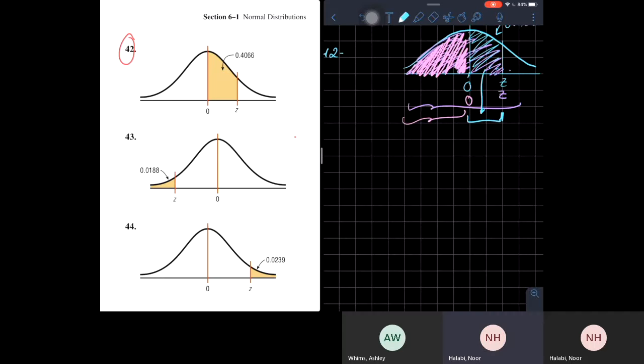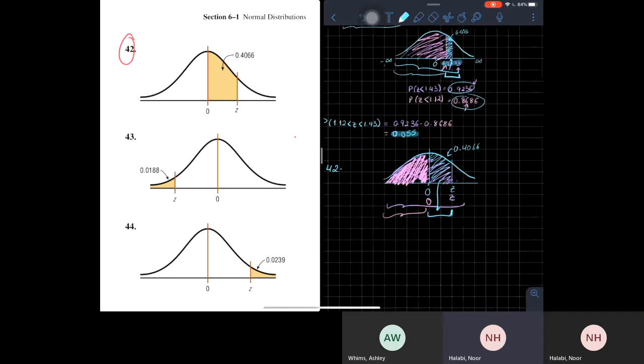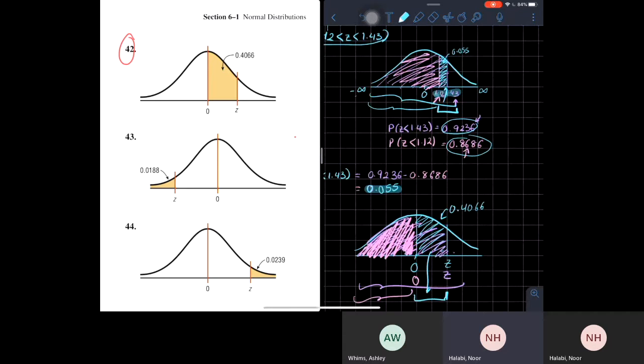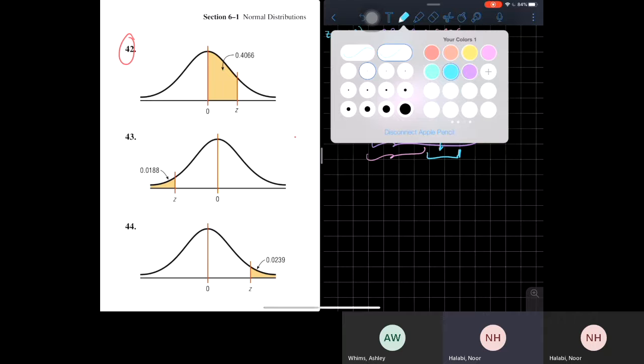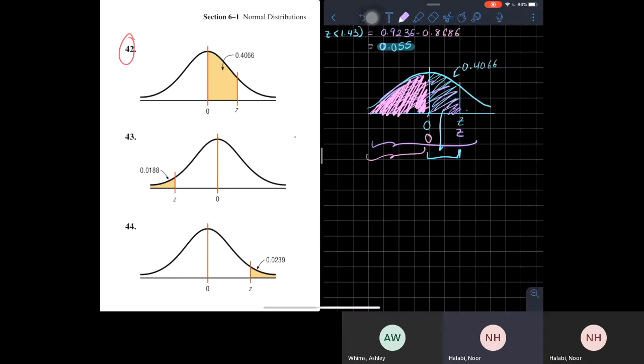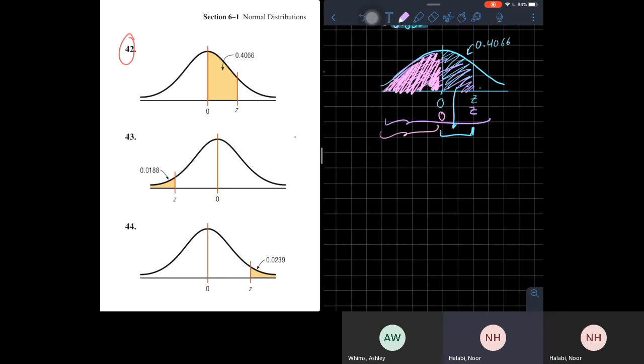Now I already know the blue area, right? If you guys remember, we always would do the bigger area minus the smaller area. Here it's no different. We just don't know the bigger area because we don't know z. Let's just call this big purple area x.